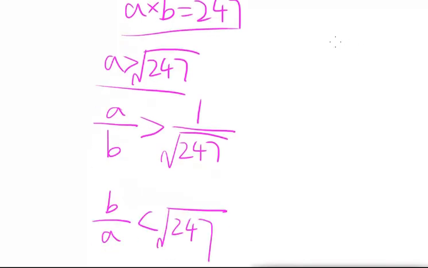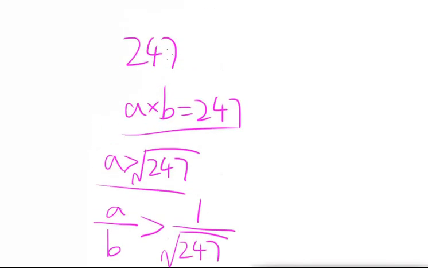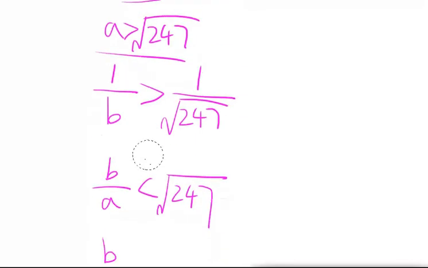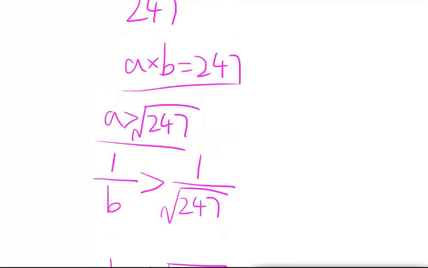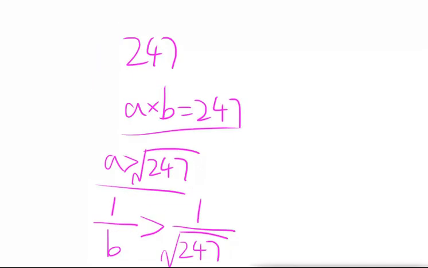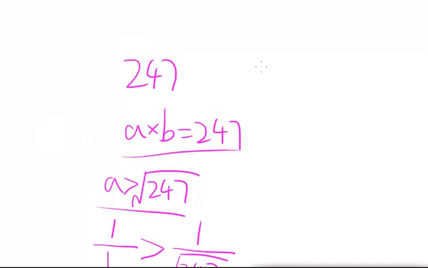Oh wait. We're dividing by this, so the A's have been cancelled out. We shouldn't write the A here. This is 1. There's no A here. We get B is smaller than the square root of 247. And since we're testing this in order, we're testing first 2, then 3, then 5, then 7.